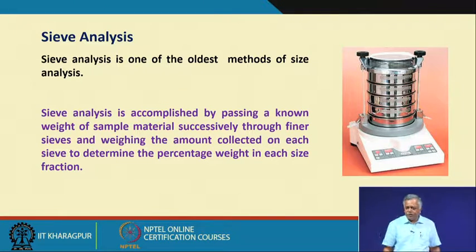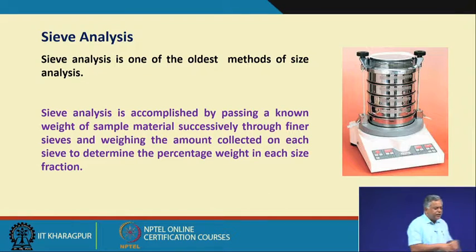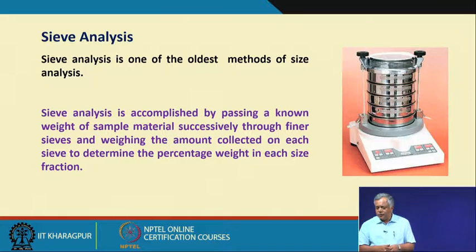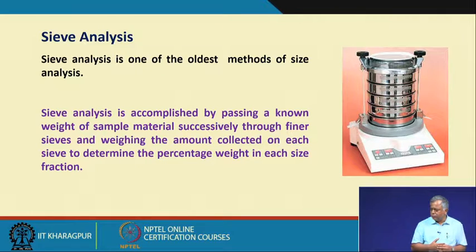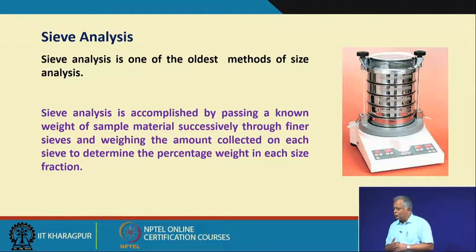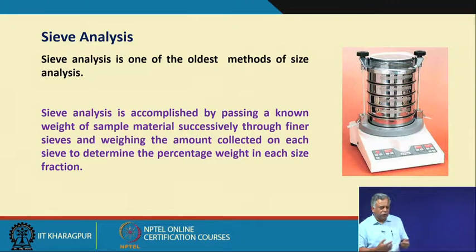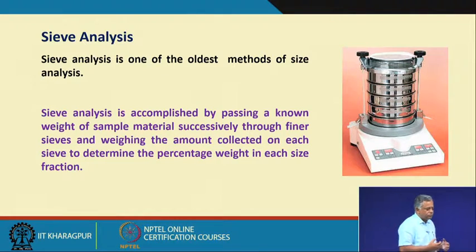That means, suppose in my initial assessment of the particle size distribution, looking at the particles, I can guess that we have particles from 10 millimeter down to maybe 200 micrometers.